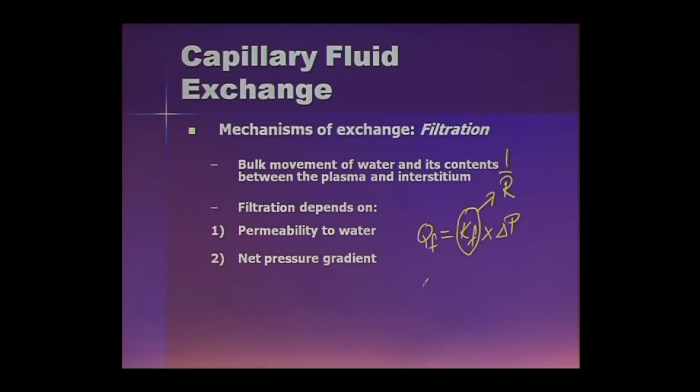So you could say that QF is proportional to the pressure gradient and inversely proportional to resistance to flow across the wall of the capillary. That makes sense, does it?